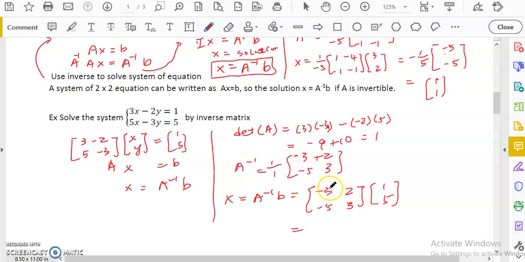So that would be row times column, -3 plus 10, so that is 7. Row times column, -5 plus 15, so that's 10. So my xy, I should not say x, right? I should say xy. xy equal to 7, 10, so you can say x equal to 7, y equal to 10 is the answer.